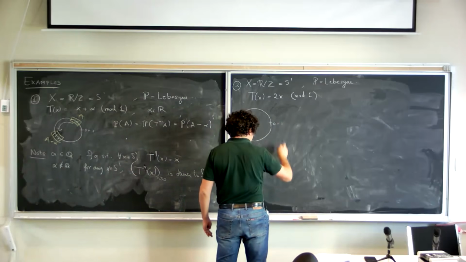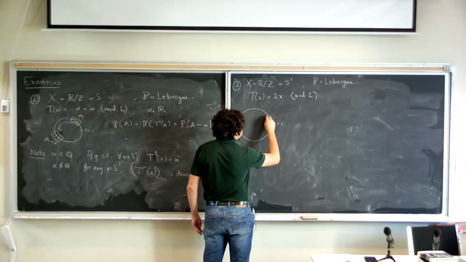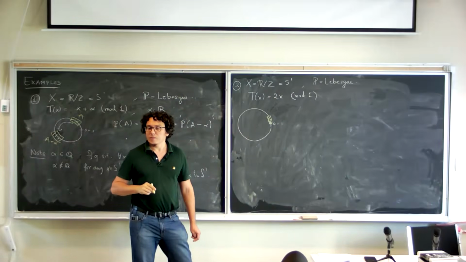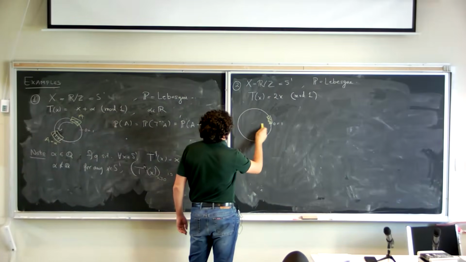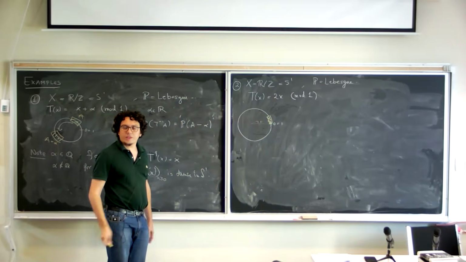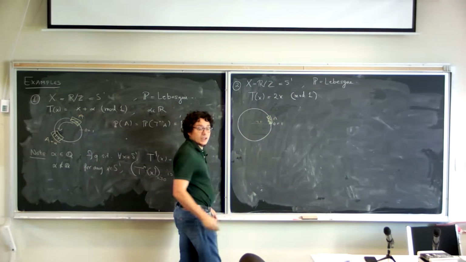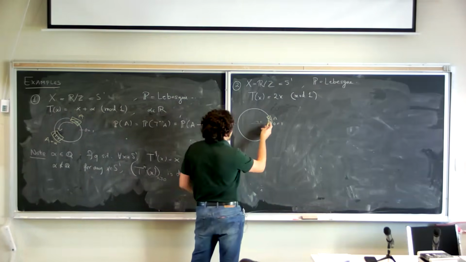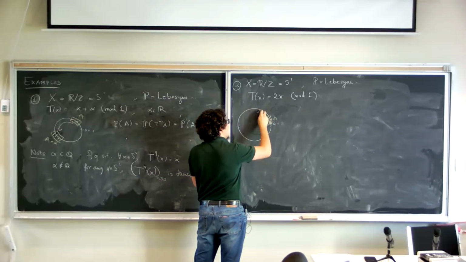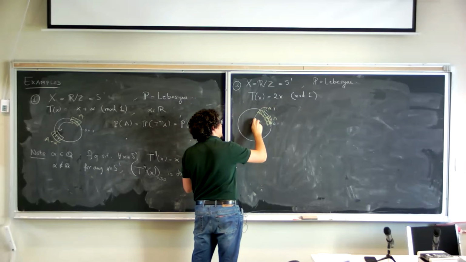Let's say again with 0, you take a set like this of a certain angular width. And when you apply the map, if this is A, the length doubles, right? So T of A is way bigger. This should be 2 times theta.